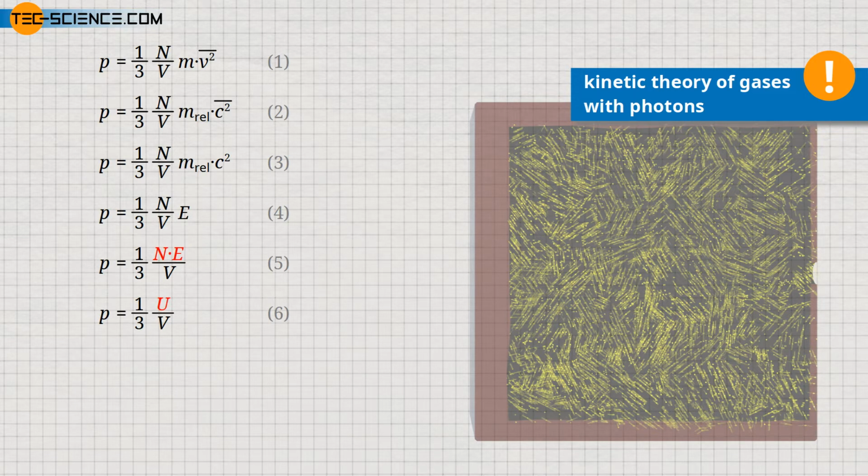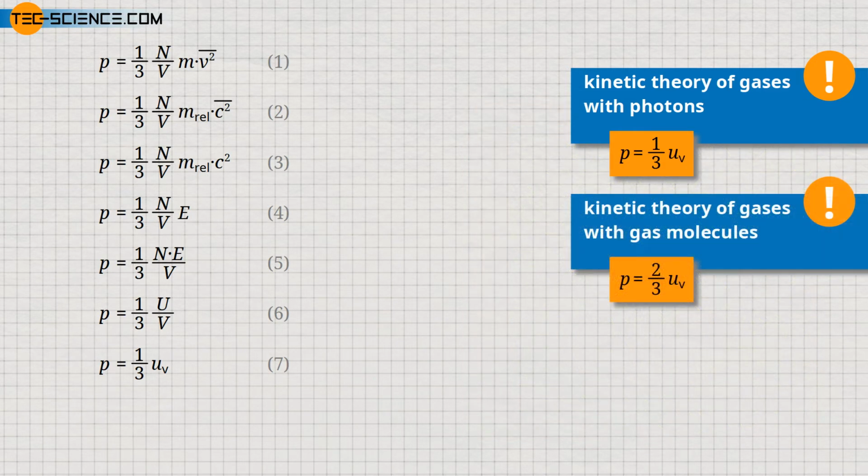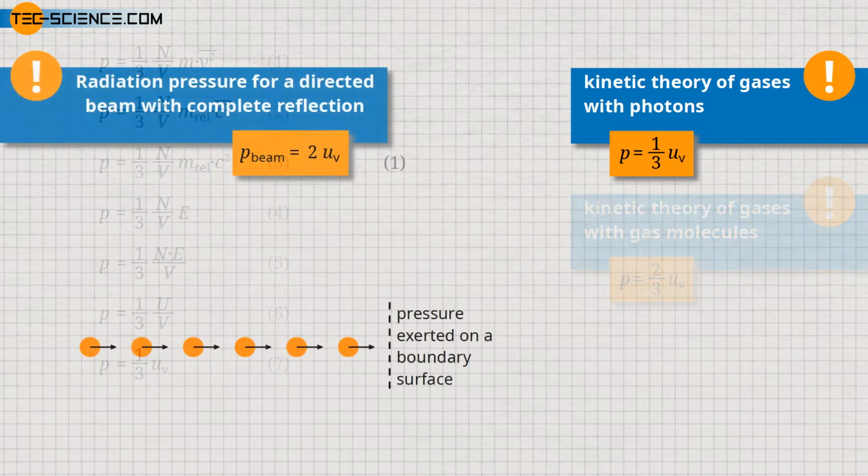Again, the ratio of internal energy and volume can be understood as volumetric energy density. Thus, the given relation between the radiation pressure of the photon gas and its energy density applies. The relationship between pressure and energy density of a classical gas thus differs by a factor of 2 from that of a relativistic photon gas. In fact, we can derive this formula also directly from the radiation pressure.